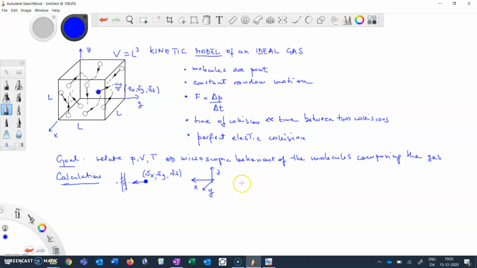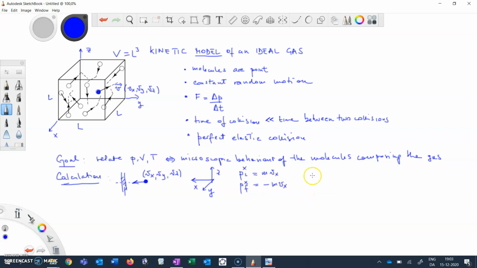Now, what is the initial momentum of this particle? Well, it's m vx in the x direction. Let's start to analyze what's happening in the x direction. What is the final momentum in the x direction? Well, the molecule is going to bump on the wall and then come back in the same direction, so the momentum is going to be minus m times vx.